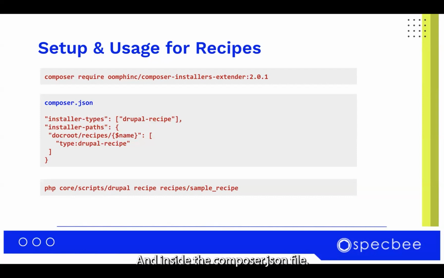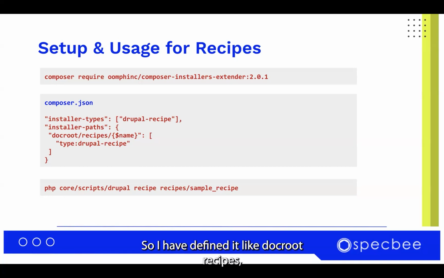And inside the composer.json file, if you have noticed, there are installer types where we define different installer types, like whether it's an npm asset or a bower asset. Similarly, we need to add a drupal-recipe asset under installer types. And in the installer paths, we define where your recipes will be downloaded when you apply them by Composer.